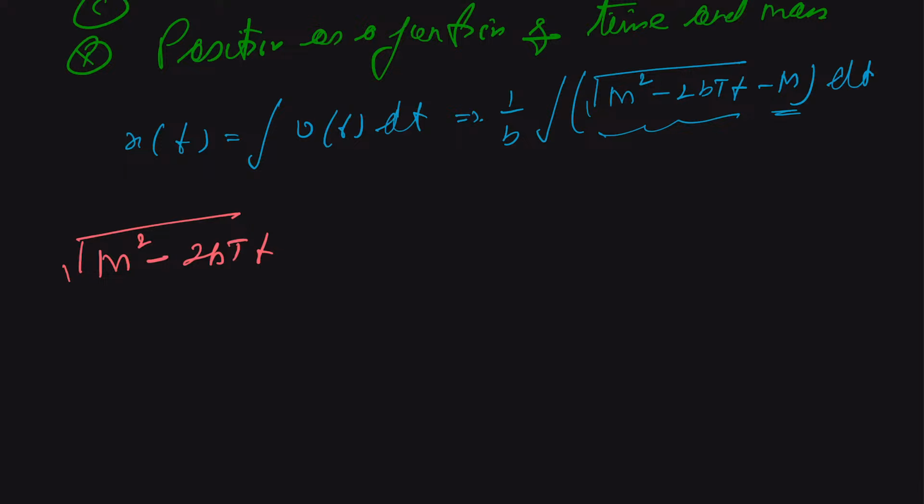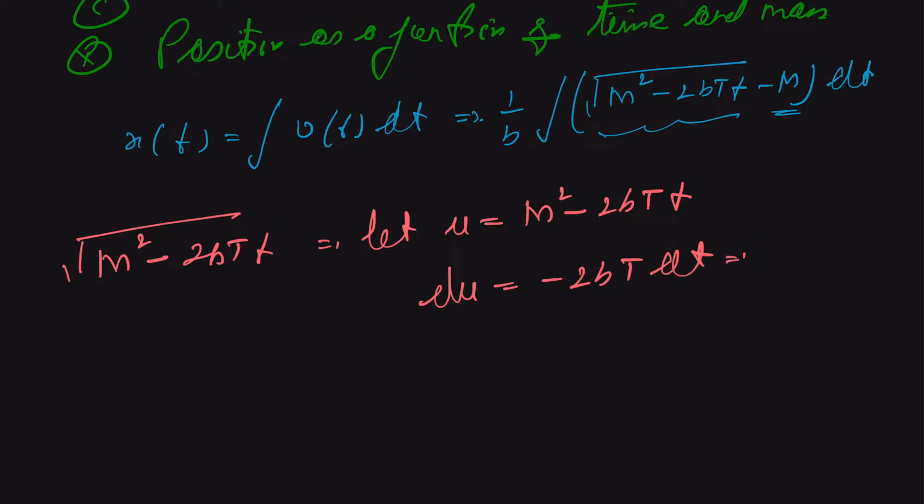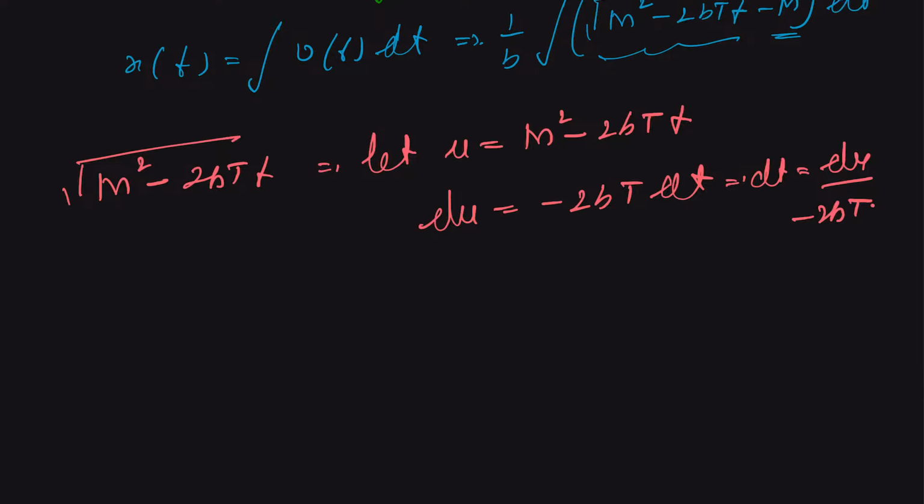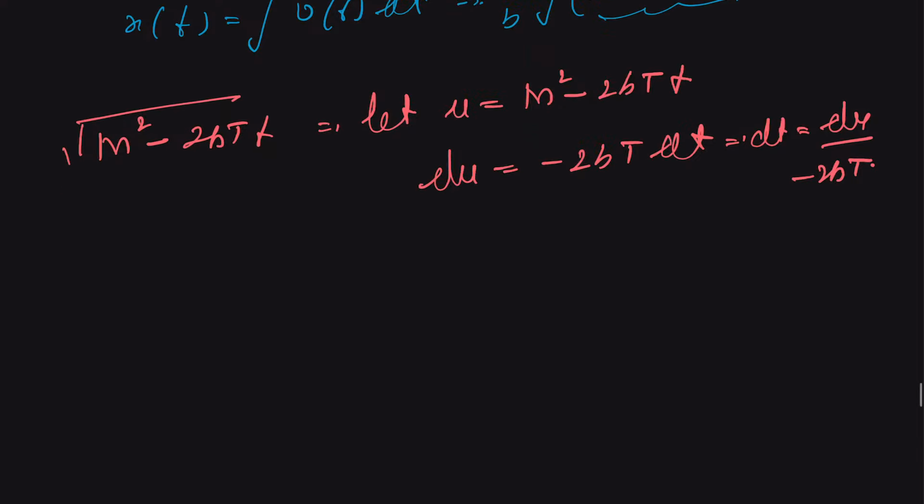For the sake of this, let us suppose that u is equal to m² minus 2bt, and therefore du will be equal to minus 2bt dt, or we can say that dt is equal to du divided by minus 2bt. So now we can integrate it.